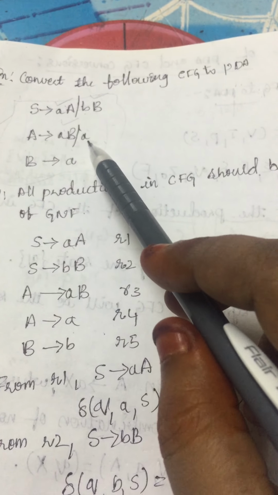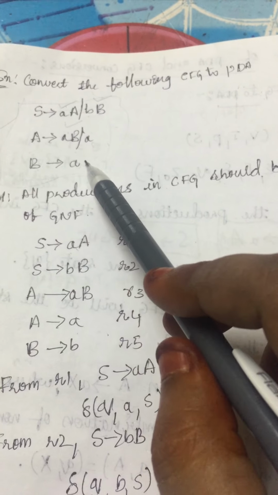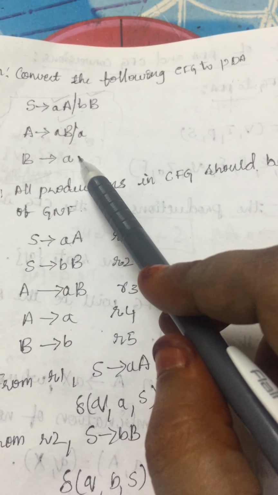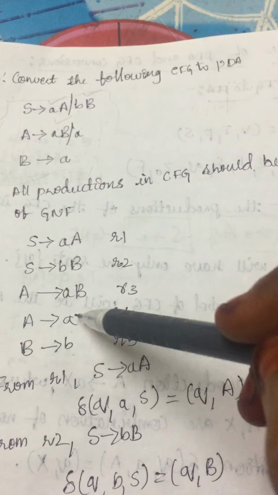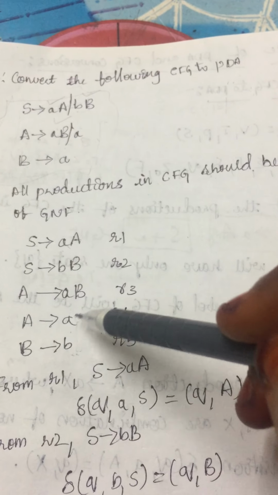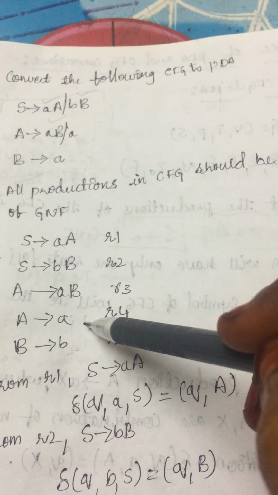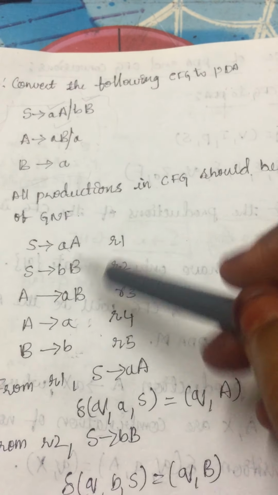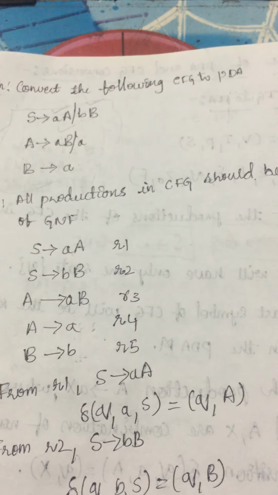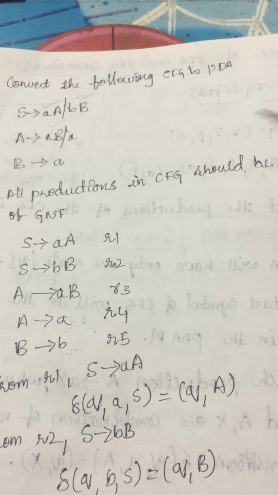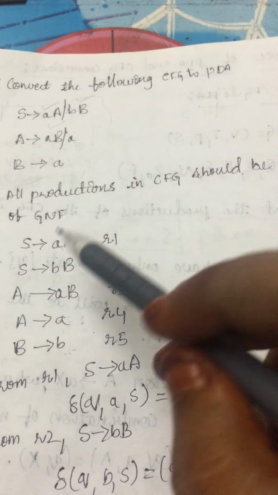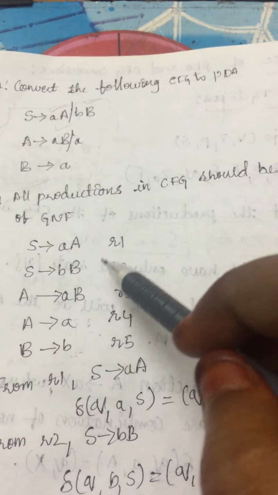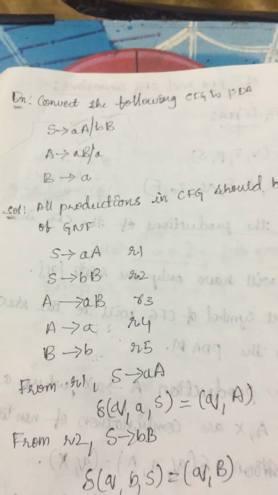Capital A producing a, capital B producing a terminal symbol b. So these are the two productions, and these are also in the form of GNF. So we don't have any other productions to be converted into GNF. Each and every production we have considered here is in the form of GNF.